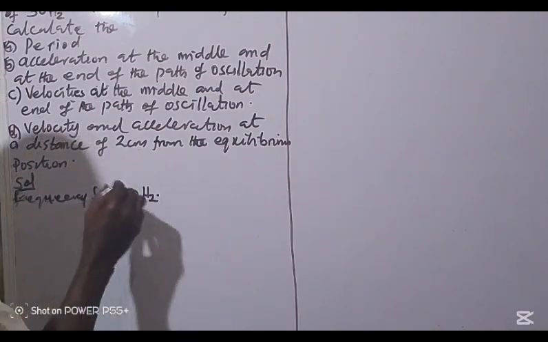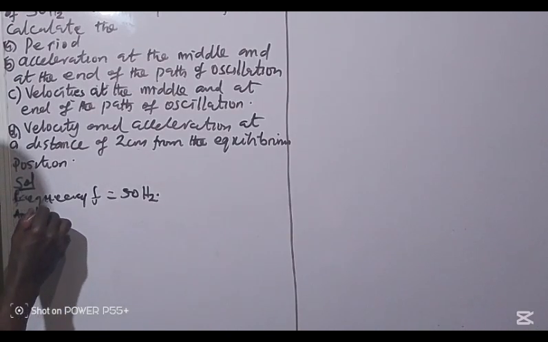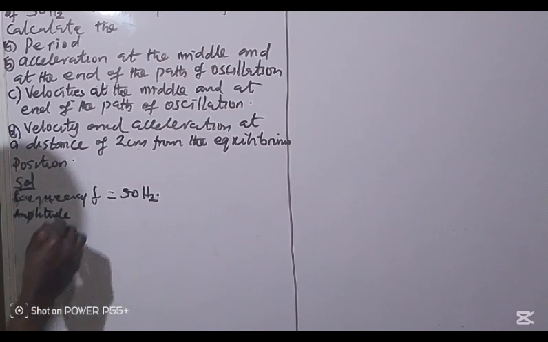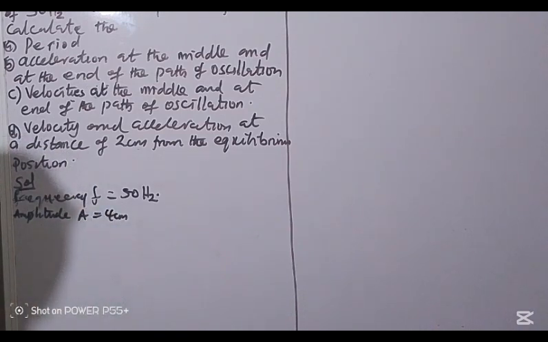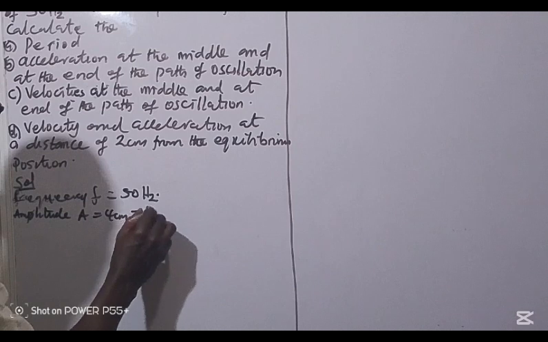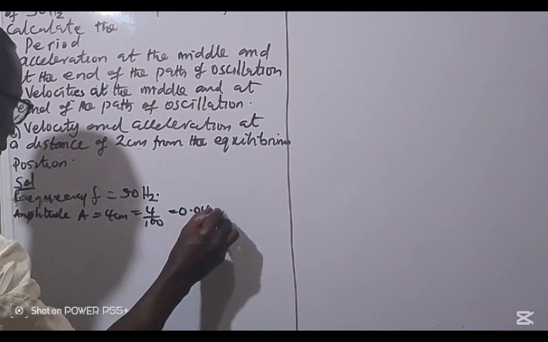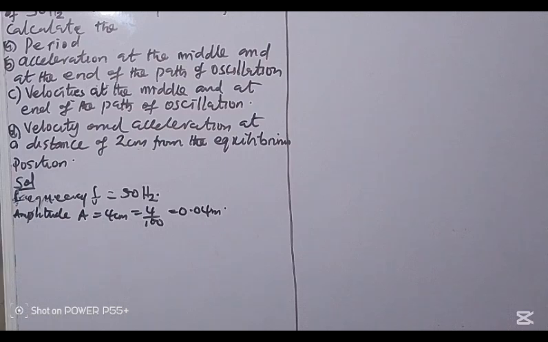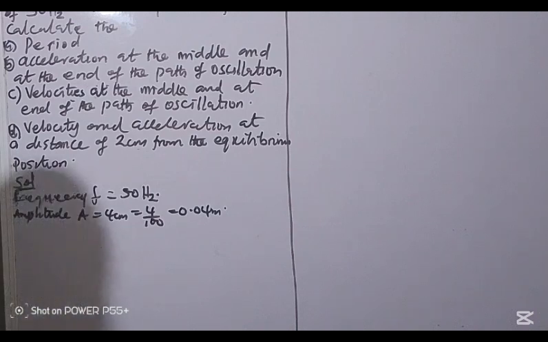A, amplitude, is given as 4 centimeter. Convert to meter, that is 4 over 100 equal to 0.04 meter. And if you look at question D, we are given displacement there.